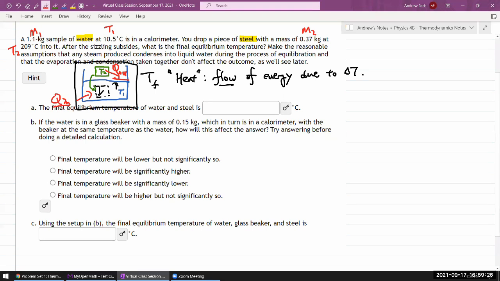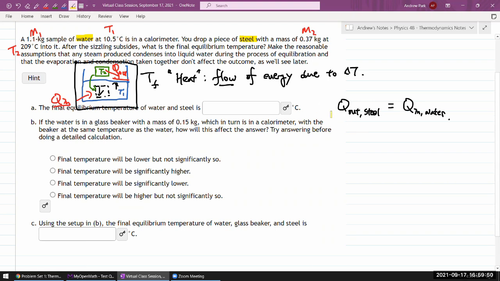That's the starting place for setting up the equations you are going to solve in a calorimetry problem. So let me write it out. We have heat out of the steel equal to heat into the water.